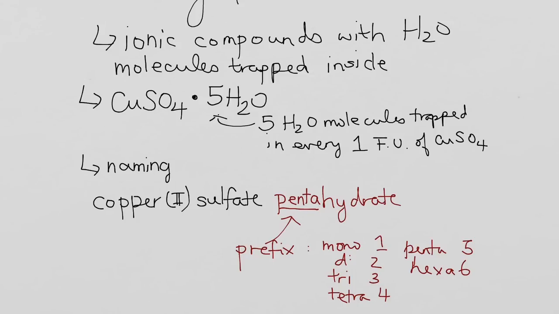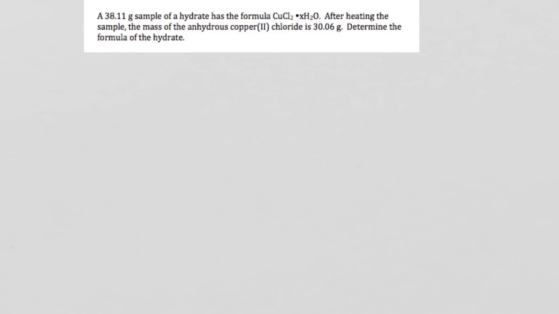So the formula has an added dot H2O after the formula of your ionic compound. The name has an added hydrate after the name of the ionic compound with a prefix indicating the number of water molecules. So we'll go on to calculate the formula of a hydrate given some experimental data.